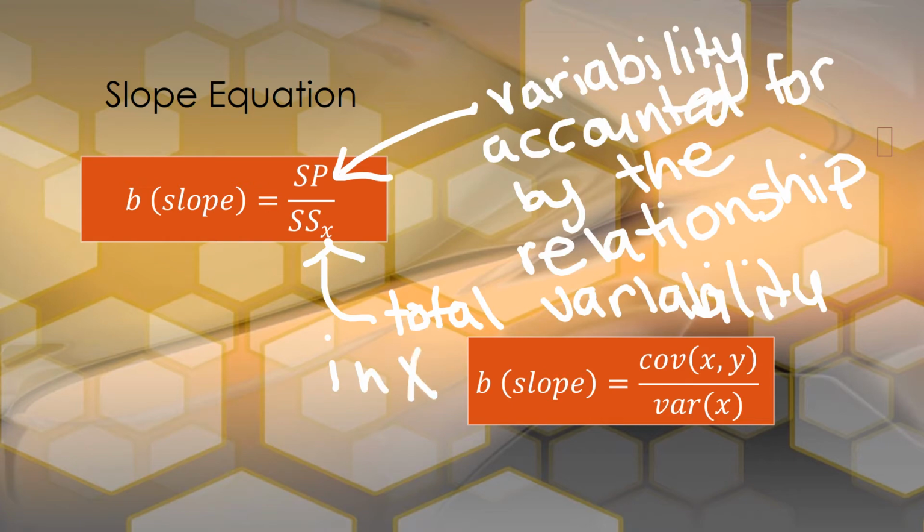And so basically we're taking out the variability in x by dividing by it so we can get the slope. So we can predict for each additional unit in x added, we know what y is. And so we can say for each one increased unit in x, y increases this amount. Okay, that's the basic formula for a slope.